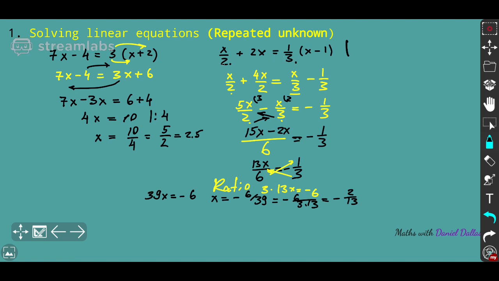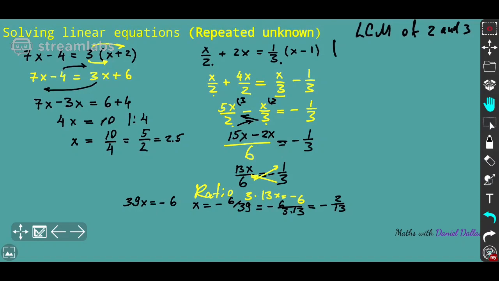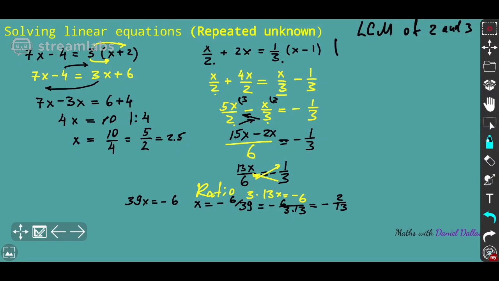In this case you want to get rid of 2 in the bottom part and 3 in the bottom part, so you're trying to find the LCM of 2 and 3. How to find that? Pretty obvious. 2 and 3 are primes, so you just multiply by 6, because the LCM of 2 and 3 is 6.